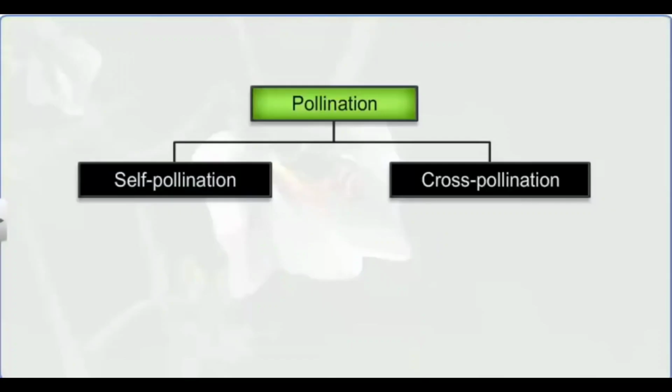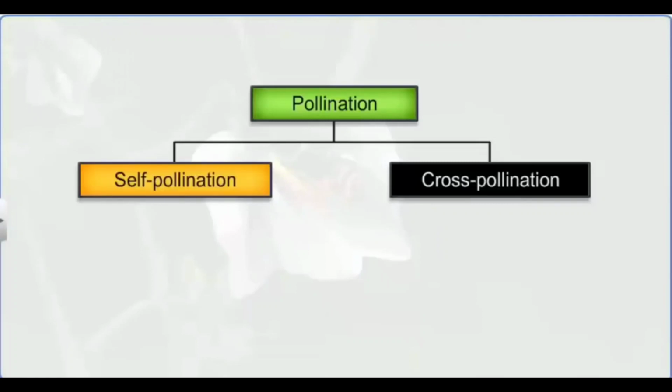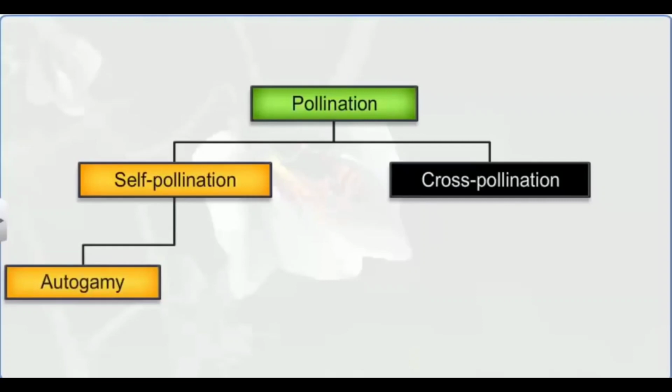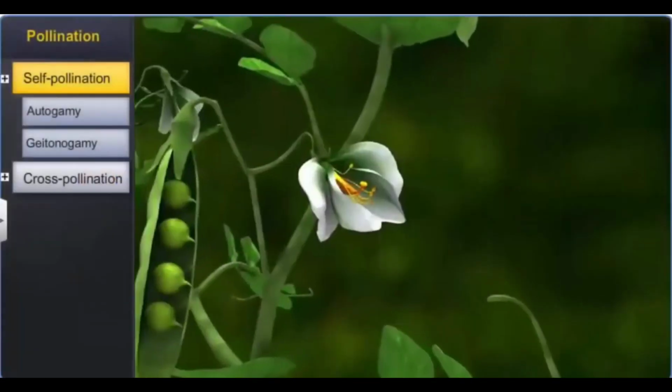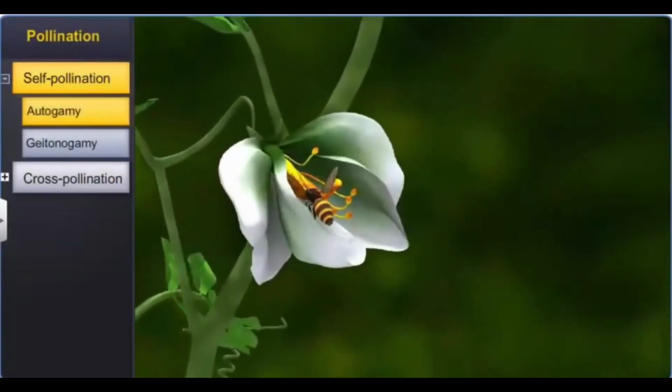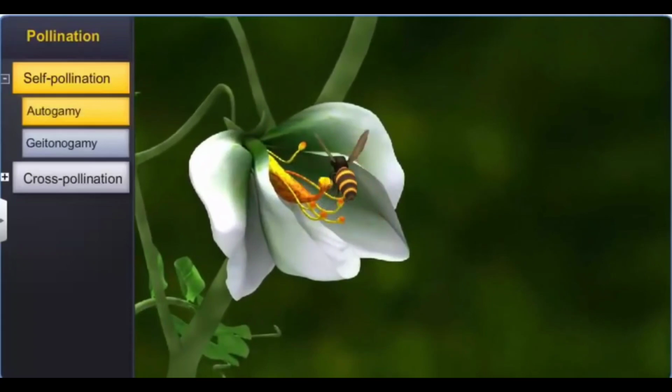In plants, self-pollination can occur either through orthogamy or dichogamy. In orthogamy, pollen is transferred from the anther to the stigma of the same flower.